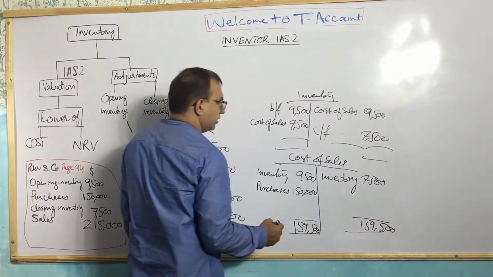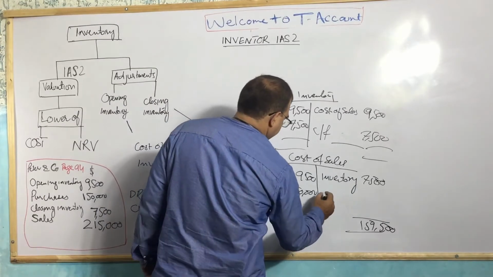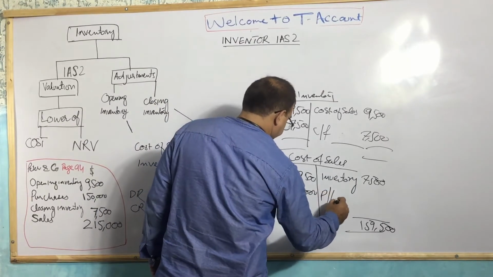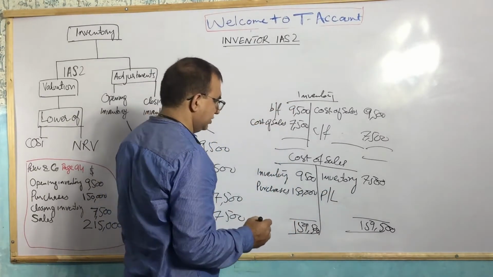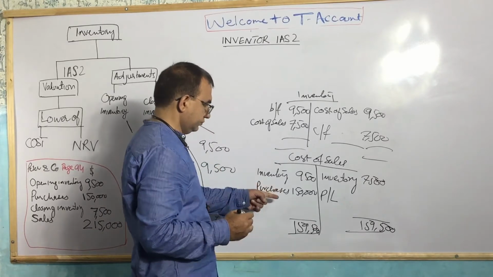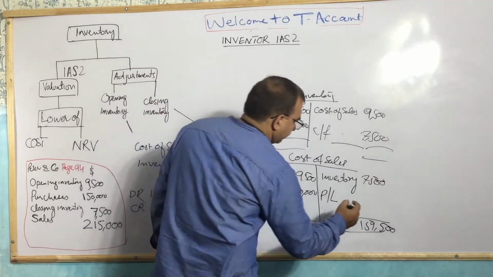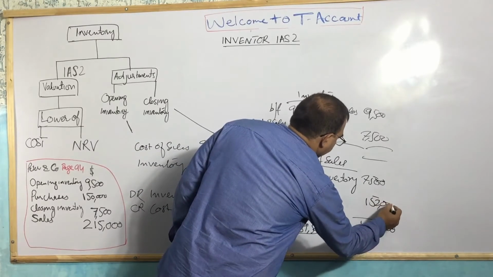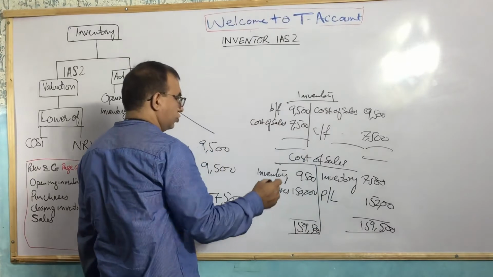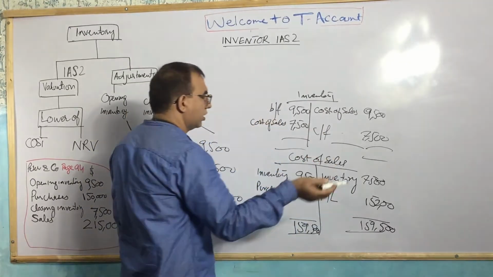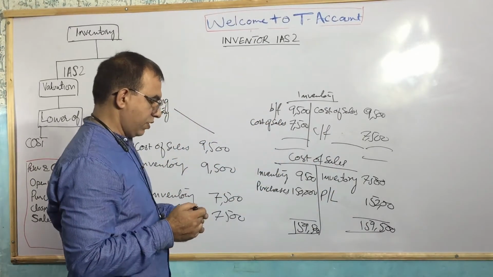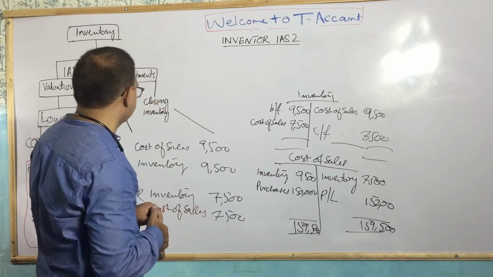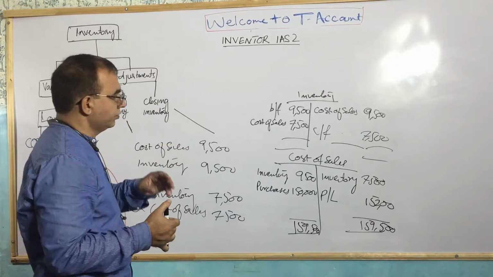Hope you can read it. So this will go to the profit and loss account. What is the balance? 152,000. That is our cost of sales, the amount that will be charged to the profit and loss account. So these are the entries, how we do it.